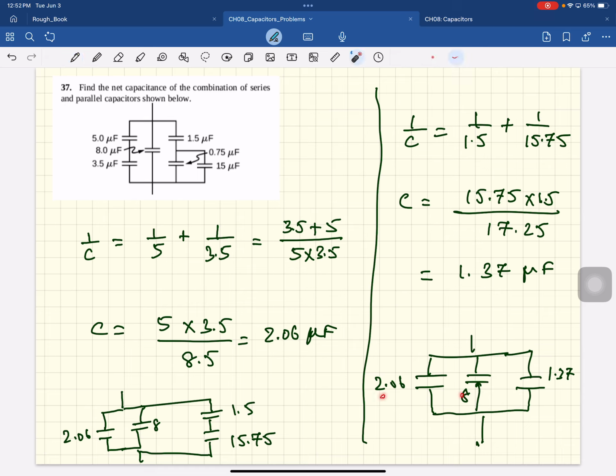So 10.06, 11.43. So this bank of capacitors is equal to a single 11.43 microfarad capacitor.